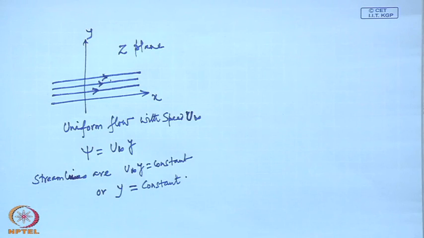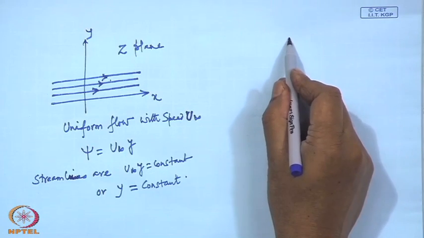We apply a transformation zeta equal to 1 by z. Apply the transformation zeta equal to 1 by z.